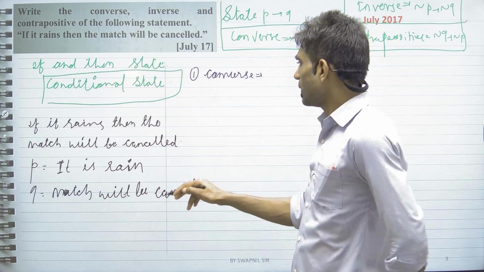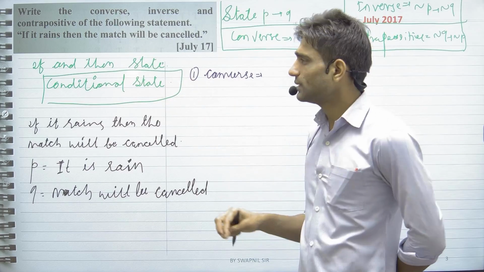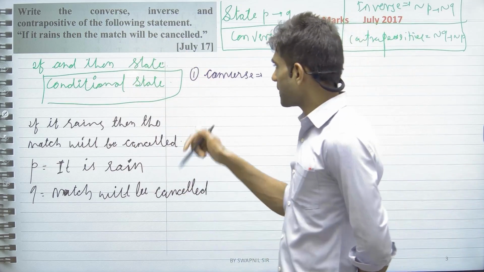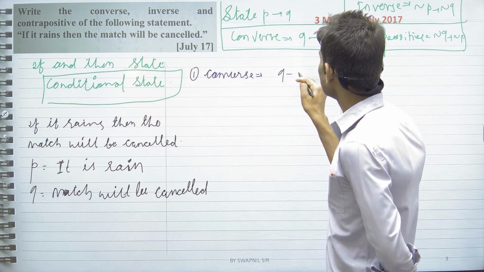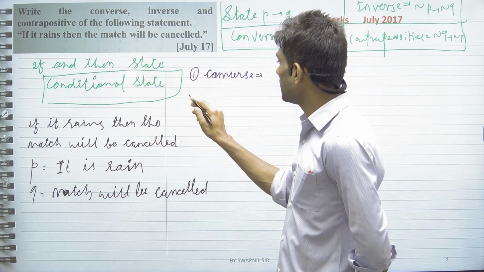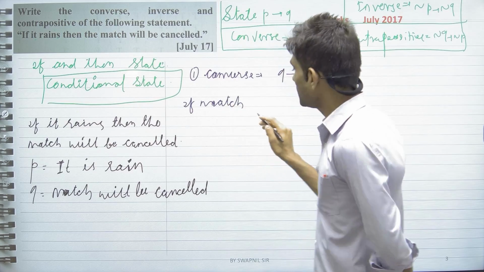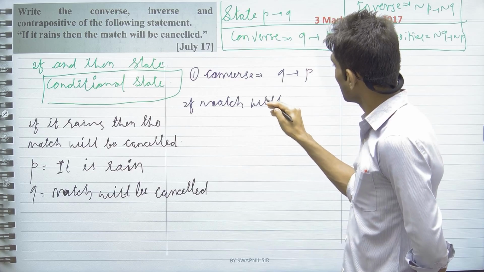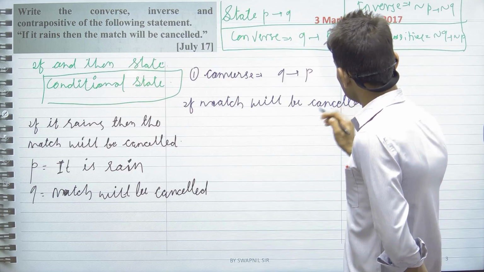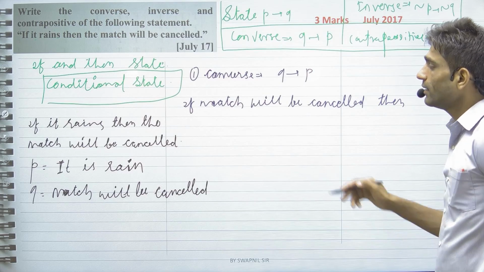Sometimes statements come out quite confusing with pronouns, but in most cases you just have to write the statements as given in the question. So the converse says Q implies P, that means if Q then P: if the match will be cancelled, then it is raining.